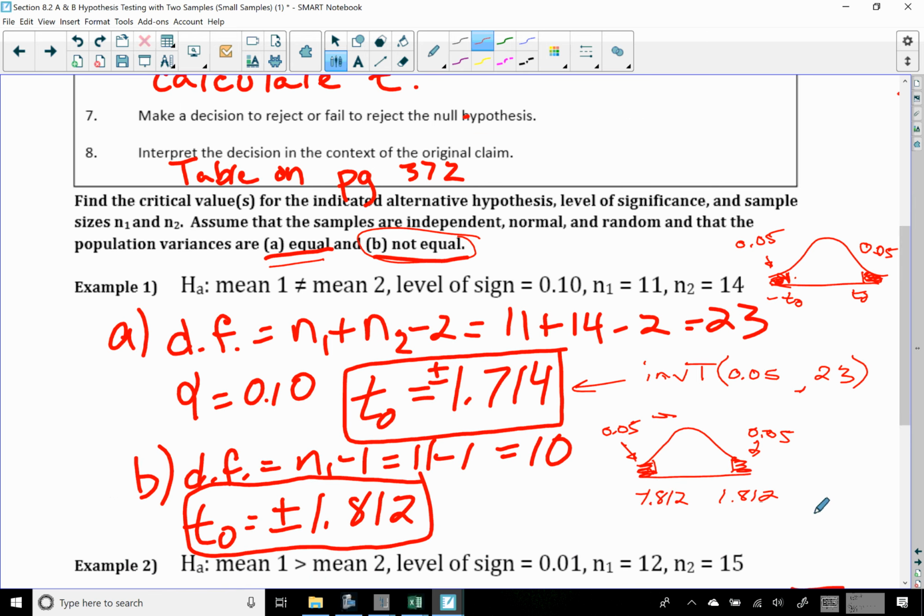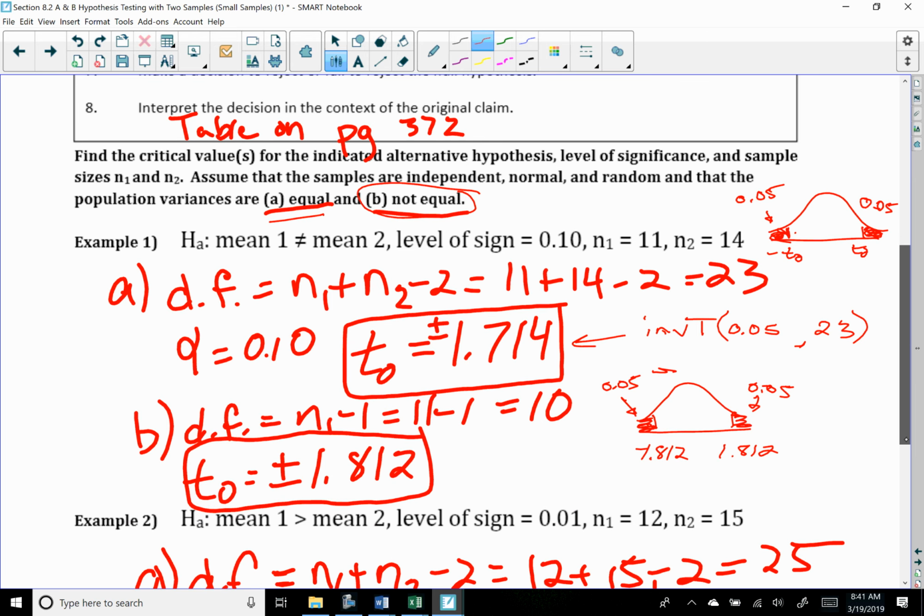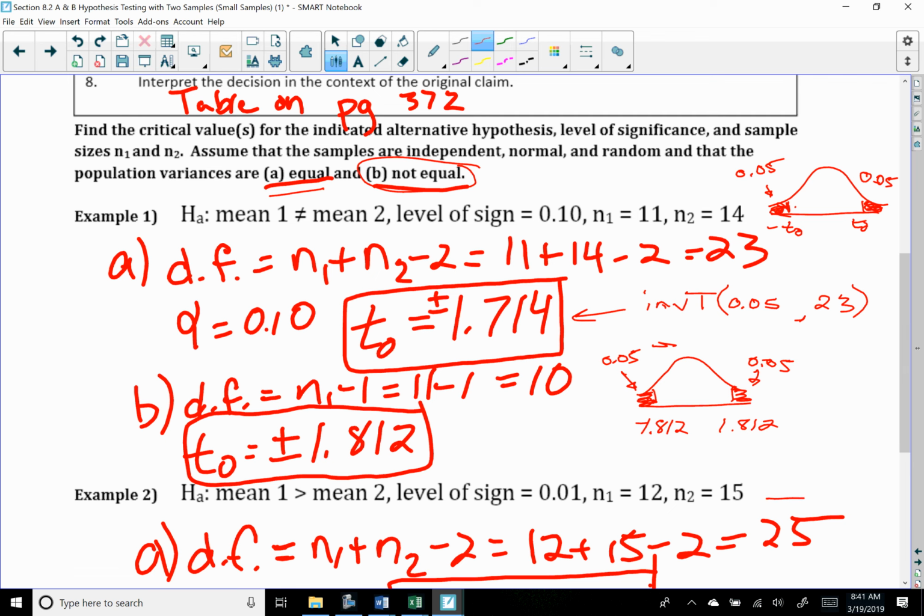Now, this is a right-tailed test, right? So if I drew a curve, it's going to be right tail. And that tail is going to have an area of 0.01. If I use inverse t, I wouldn't plug in 0.01.